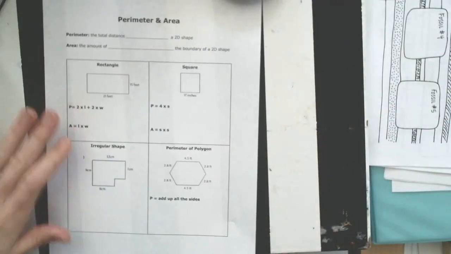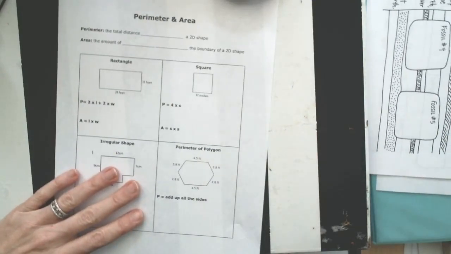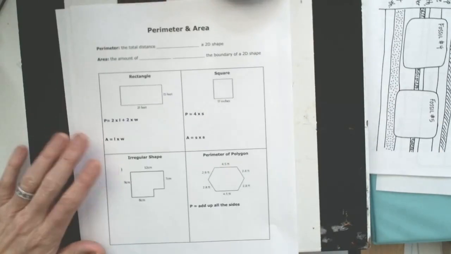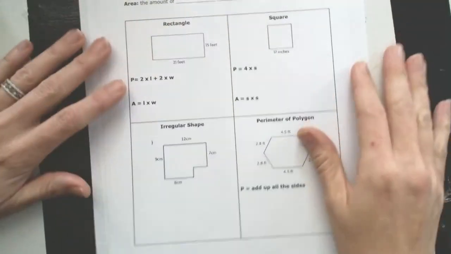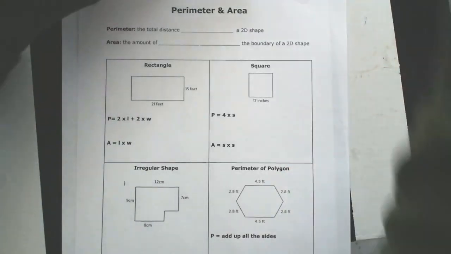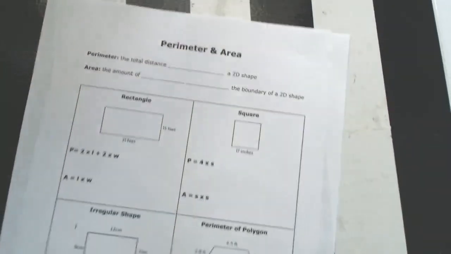Okay, I'm just going to use this piece of paper here to start area and perimeter. Last week we reviewed all the skills that you've learned using the formula in fourth grade.